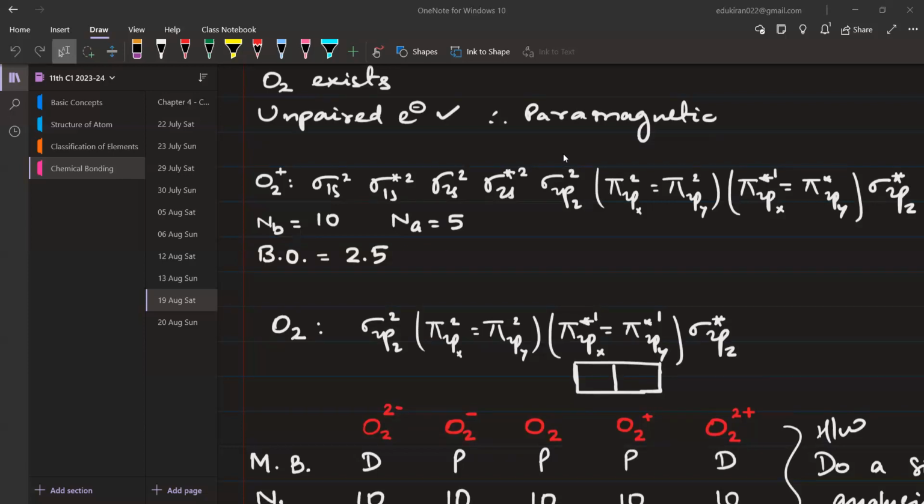After that I will be talking about the weak forces, especially hydrogen bonding, which is in your NCERT syllabus for chemical bonding. But there are a few more weak forces, for example dipole-dipole, dipole-induced dipole, and then London dispersion forces, van der Waals forces.